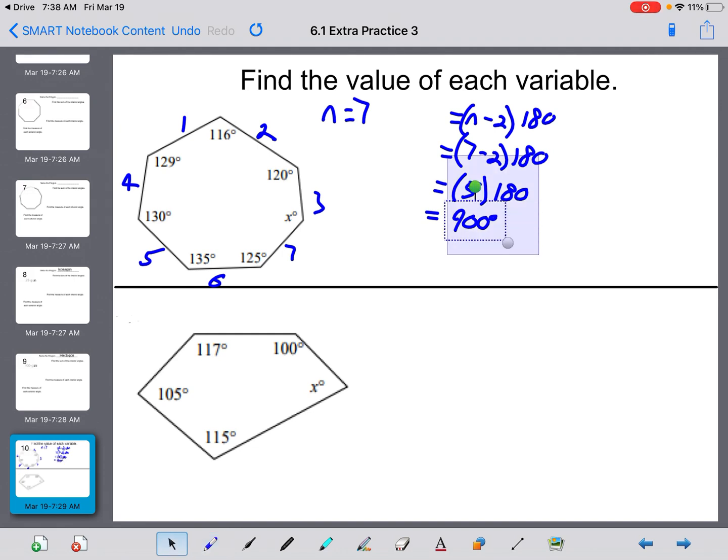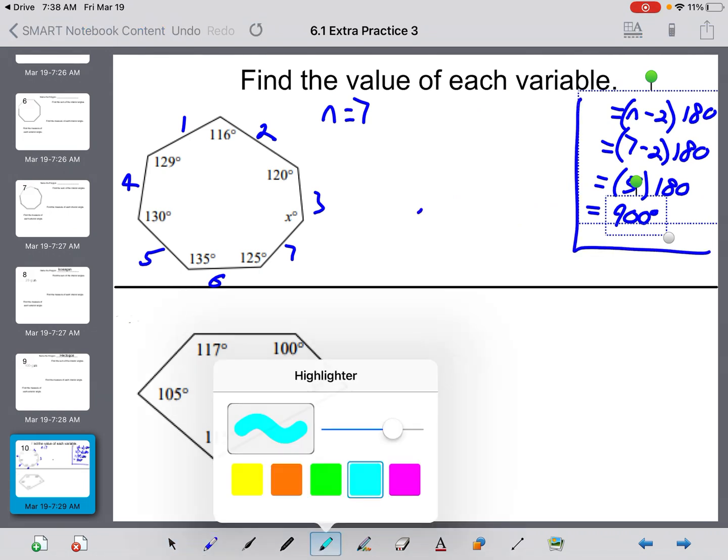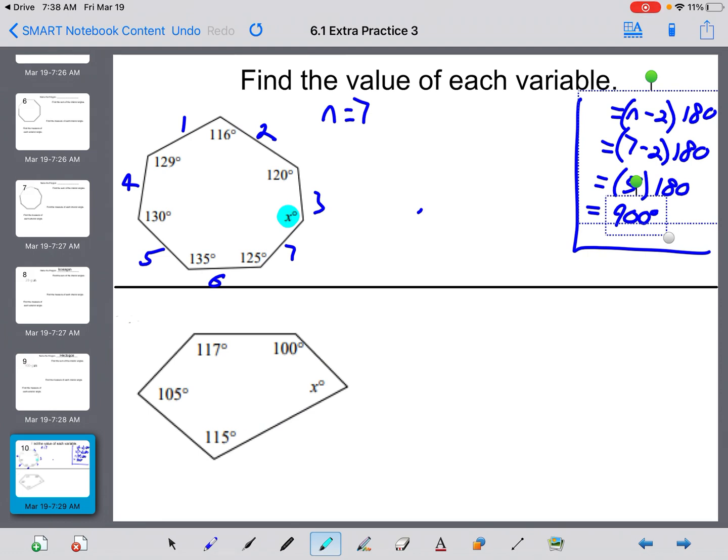Okay, so now that I have my work showing me the interior, we can add them all up. We have 1x, which we do not know. And then I'm going to add up all of these values in my calculator. Okay, so we get x plus 125 plus 135 plus 130 plus 129 plus 116 plus 120, we get 755.